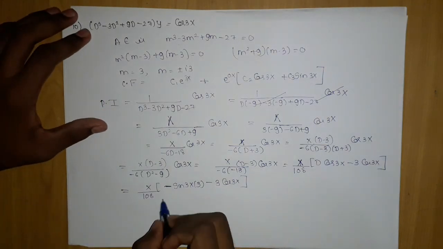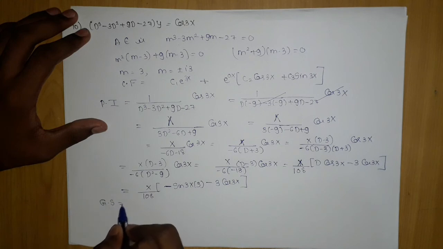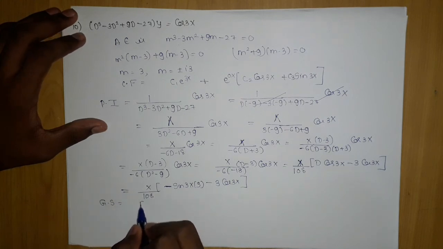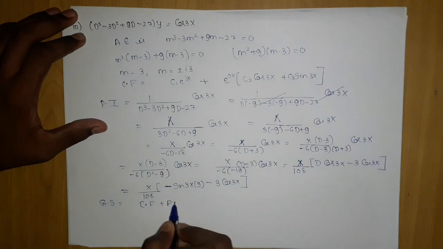Now the general solution consists of two things: complementary function plus particular integral.